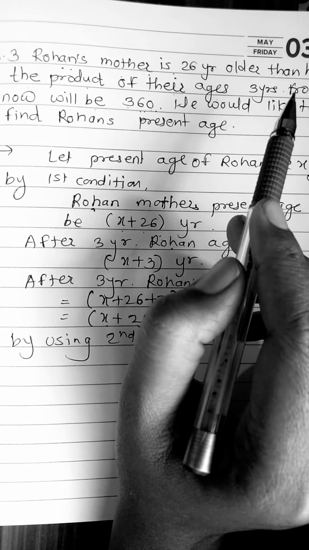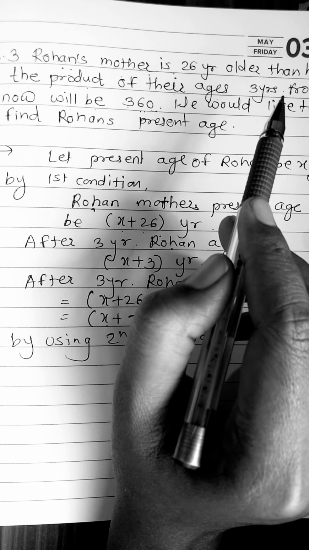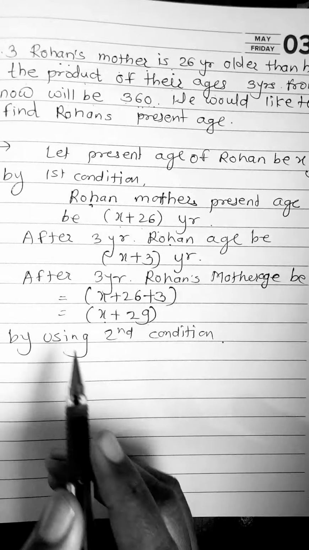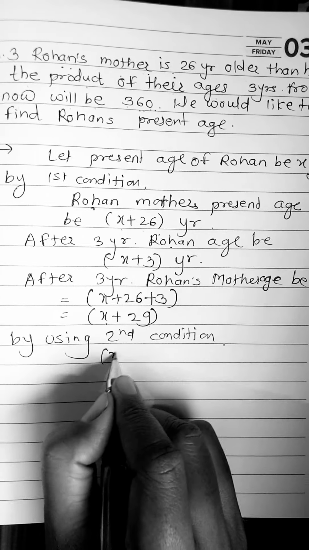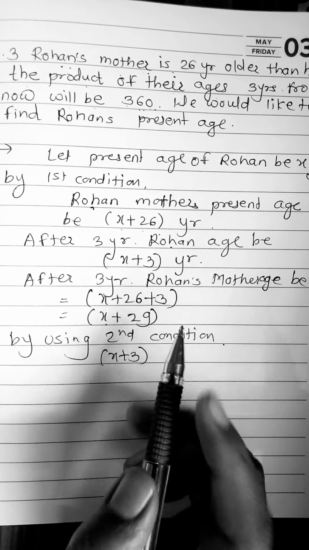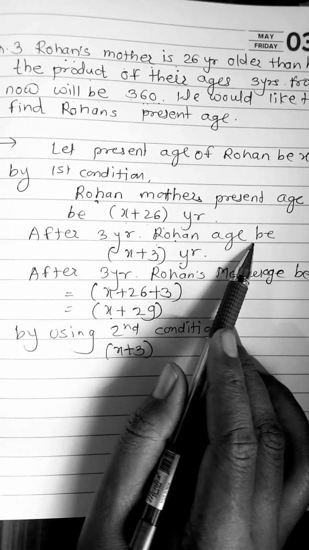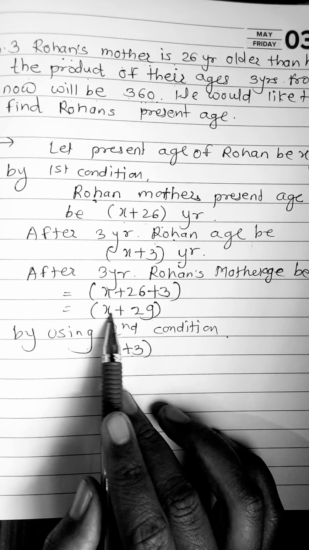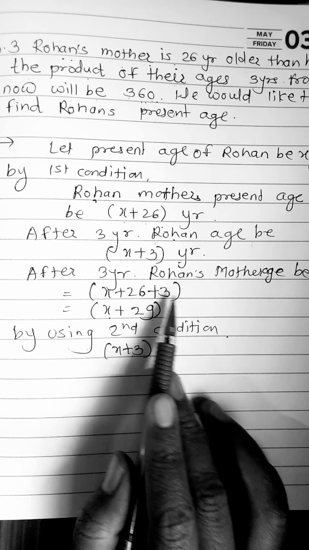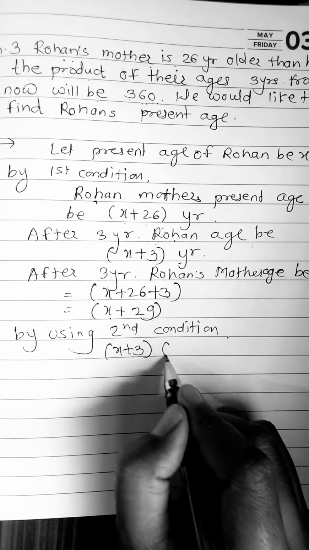After 3 years Rohan's age will be x plus 3, and after 3 years Rohan's mother's age will be x plus 26 plus 3, that is x plus 29.